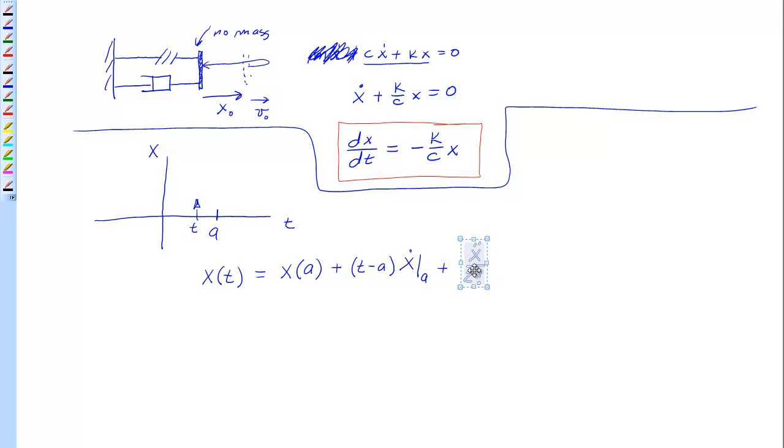We will move this over, and I may move it back here shortly, but the reason I'm moving it over is to put this right here. Should have moved it there earlier. Plus t minus a to the third power times 3 time derivatives over 3 factorial, and the series goes on and on and on.